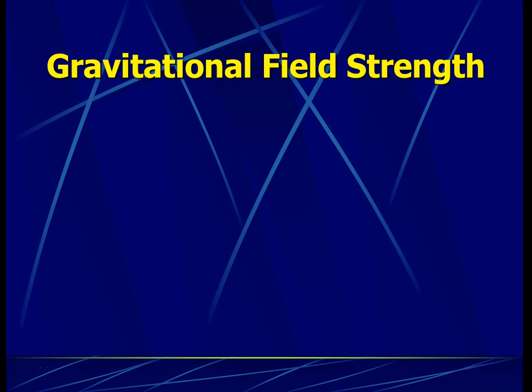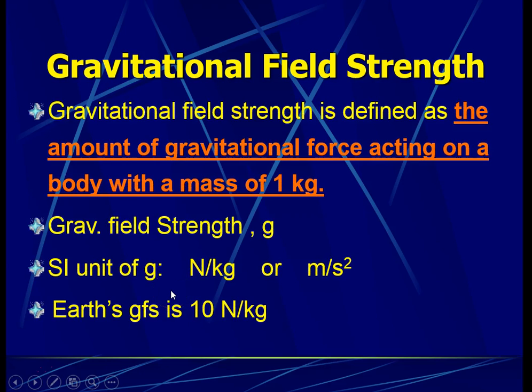So we will have to define the gravitational field strength for different places, for different planets. Let's have a look at how we define gravitational field strength. Gravitational field strength is simply defined as the amount of gravitational force or pull acting on a body with a mass of 1 kilogram. And instead of writing down the full three words, gravitational field strength, which is very long, we scientists like to just use a simple symbol, small g, to represent that.